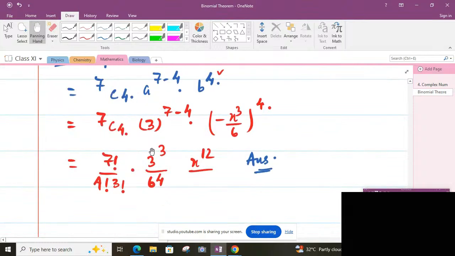So in case of odd number, when n is odd, then we get two middle terms. In case of even number, we get one middle term.